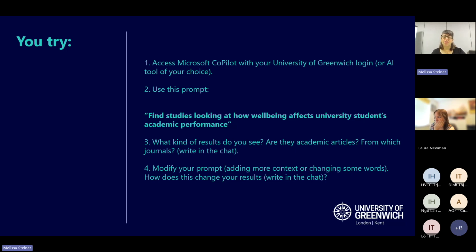But I think the thing that's interesting to note is that you're not maybe getting the broad range that you get if you look at a library catalogue, because it is often just getting the stuff that's freely available that anyone could access. So you're not necessarily getting the full breadth of research that you would if you were using a library catalogue.